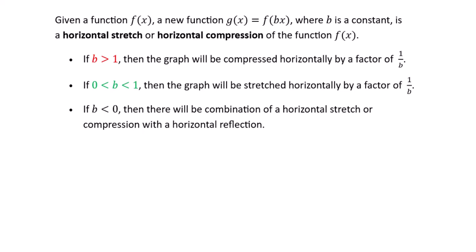If b is between 0 and 1, then the graph will be stretched horizontally by a factor of 1 over b. If b is less than 0, then there will be a combination of a horizontal stretch or compression with a horizontal reflection.